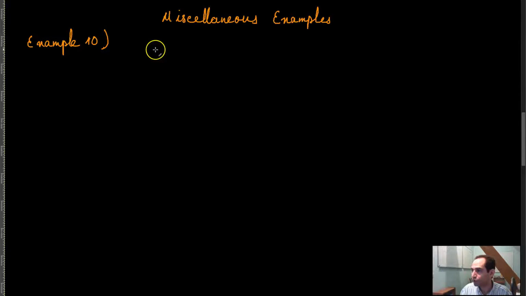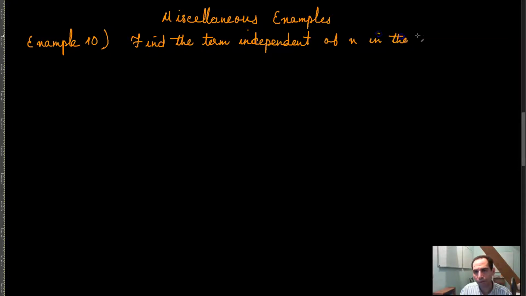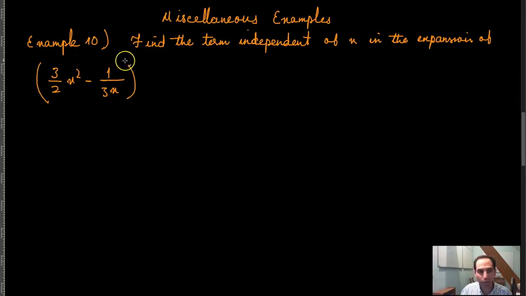That is example number 10. Find the term independent of x in the expansion of (3/2 x² − 1/(3x))⁶.